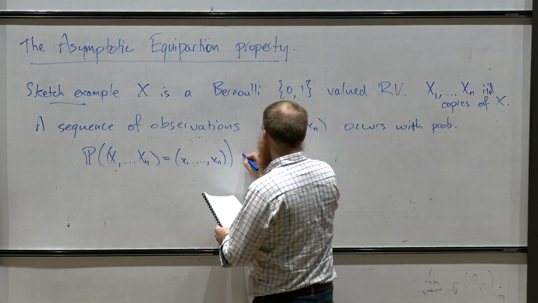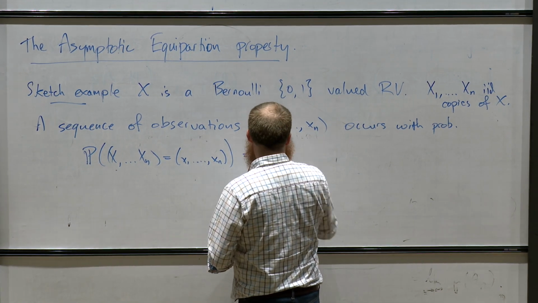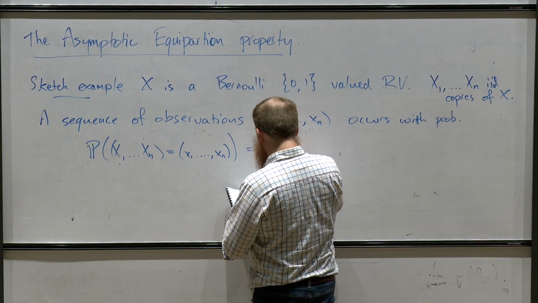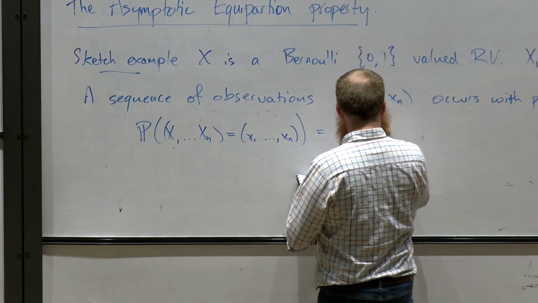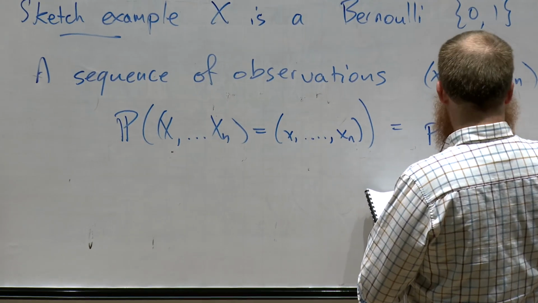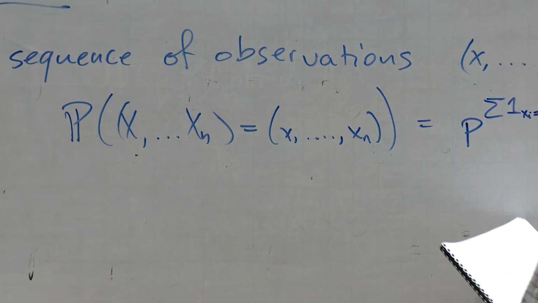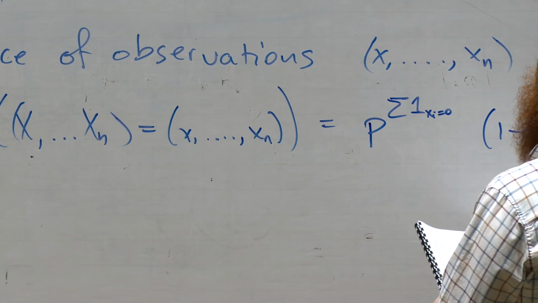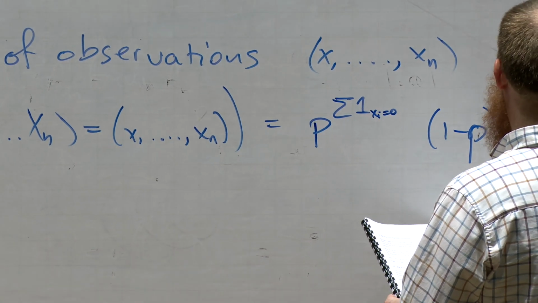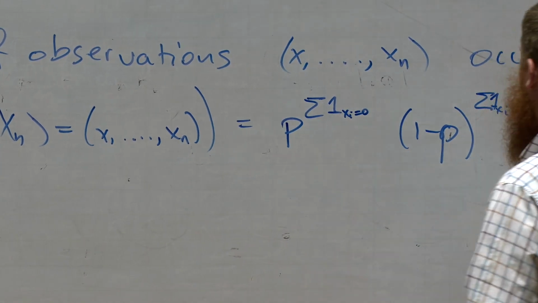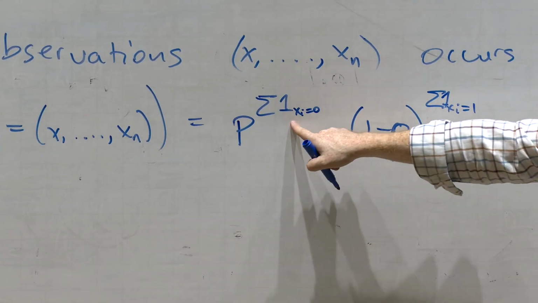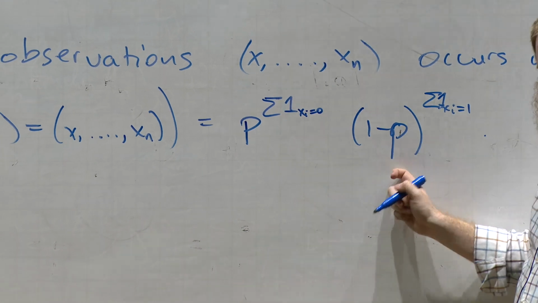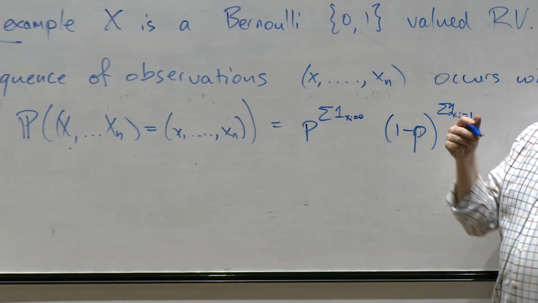Well, it's equal to p to the power of the sum of the indicator xi equals 0, times 1 minus p to the power of the sum of the indicator xi equals 1. So I just count the number of zeros, I count the number of ones: p to the power of the number of zeros, 1 minus p to the power of the number of ones. There we are.